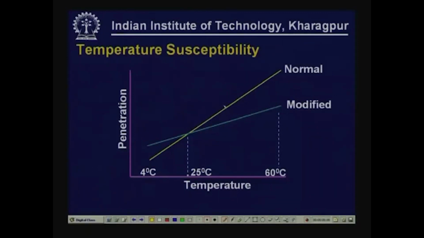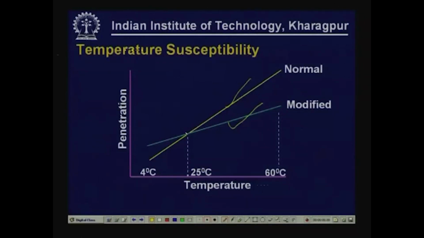So, if this is the line that we get for normal binder and this is the corresponding line that we get for modified binder, obviously we can see the line for modified binder is much flatter compared to the line that we have for normal binder. So, the flatter the slope, we know it is less temperature susceptible, because over a temperature range the corresponding change in property is going to be much smaller for modified binder. If you examine the penetration that is obtained at 25 degrees centigrade, this would be interesting.